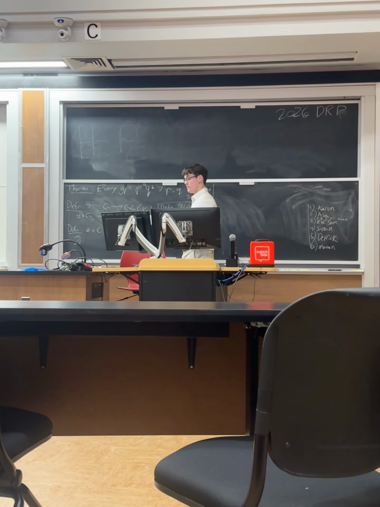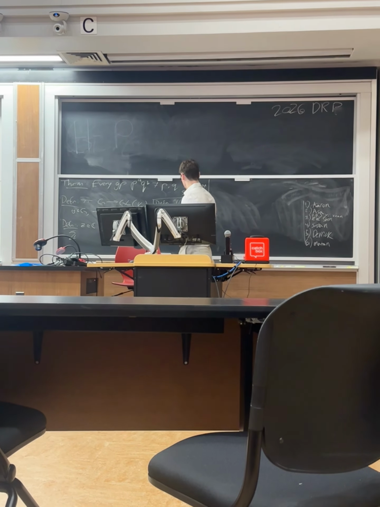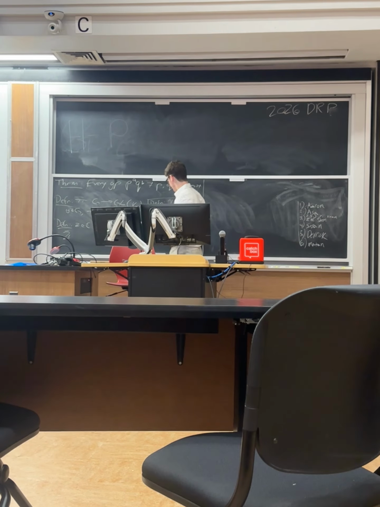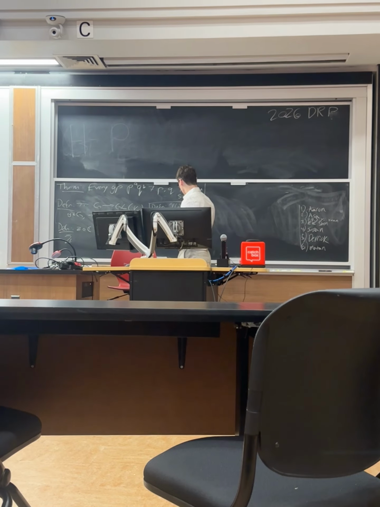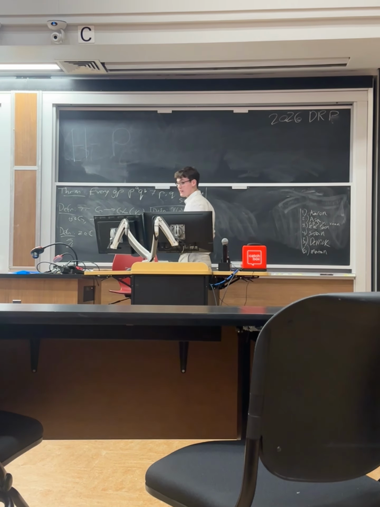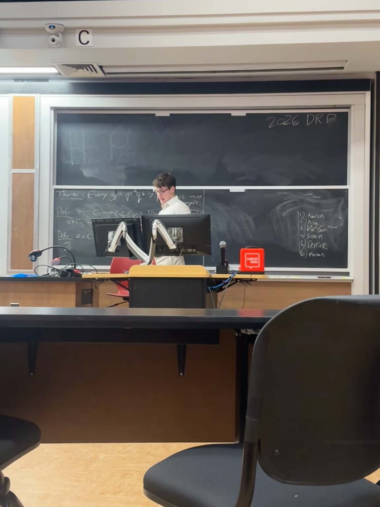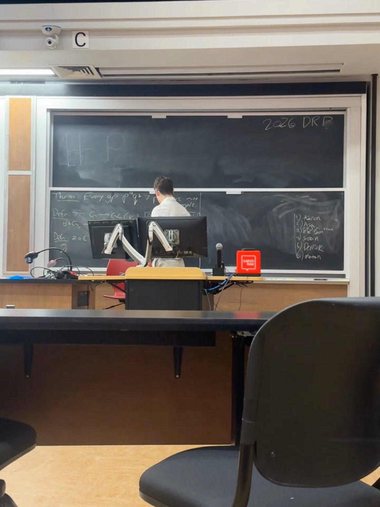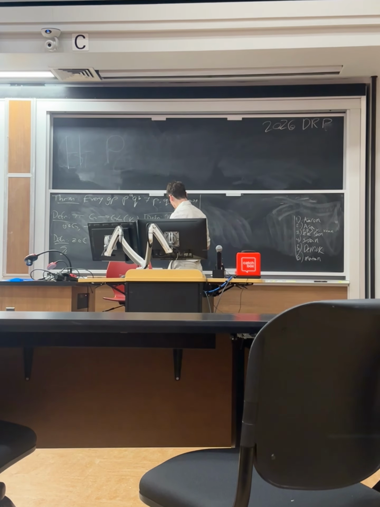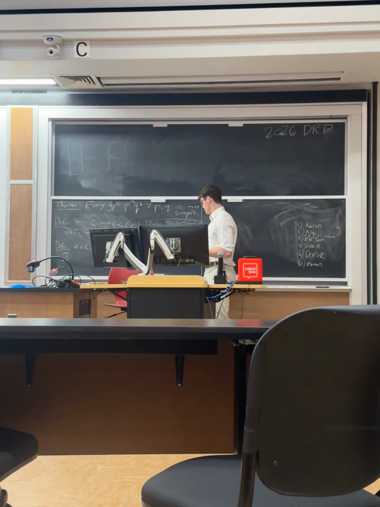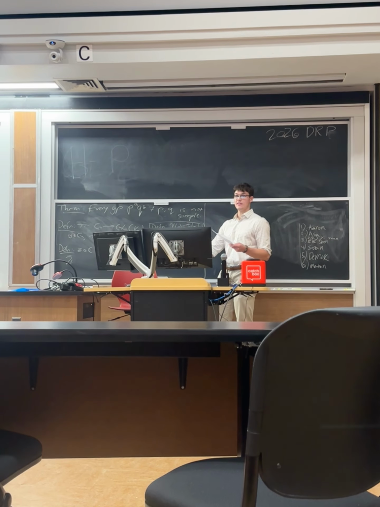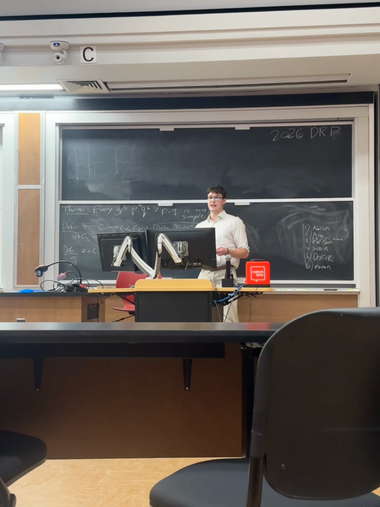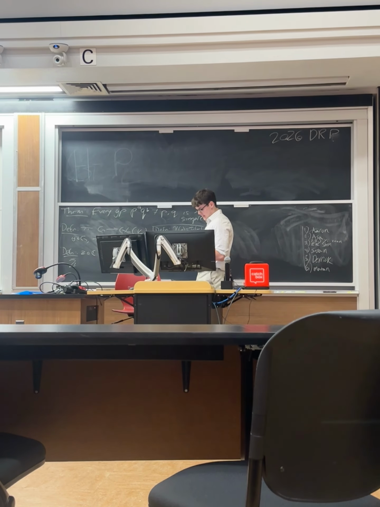It's conjugate invariant just because trace is conjugate invariant under a change of basis. So the character has some conjugacy class C, equal to the character of a group element in that conjugacy class. The character of the identity is going to be equal to the dimension of V, since being a homomorphism means that pi of e would equal the identity. Trace of the identity is the dimension of the space.